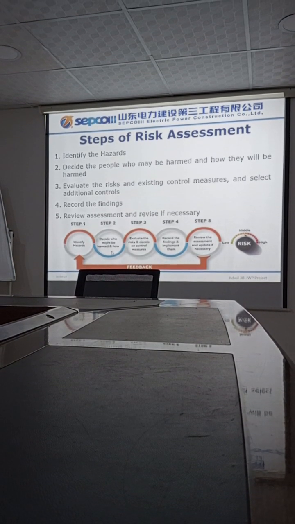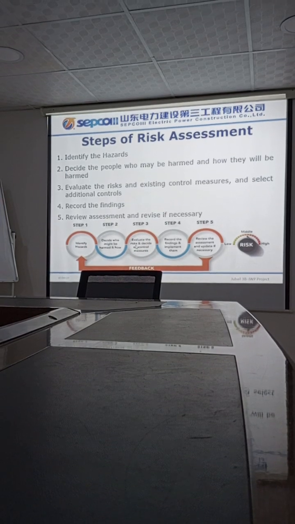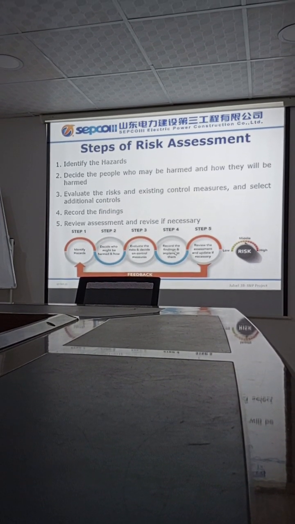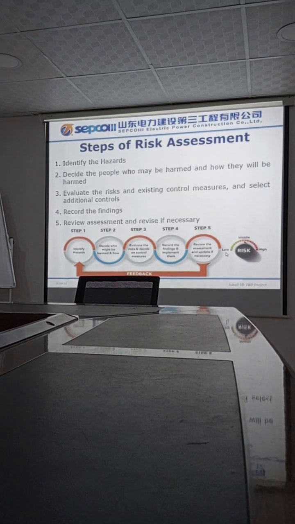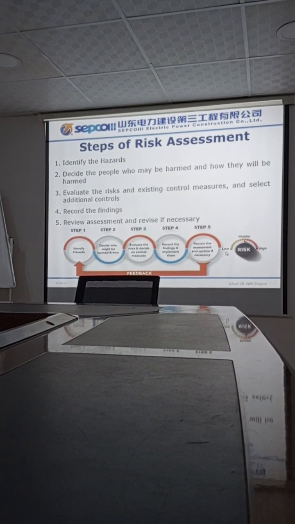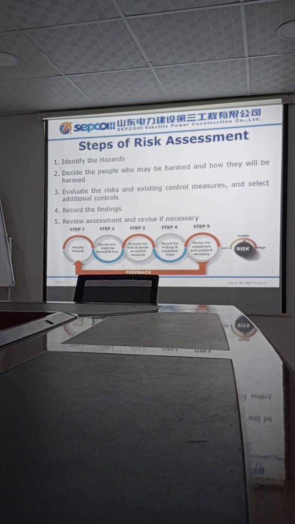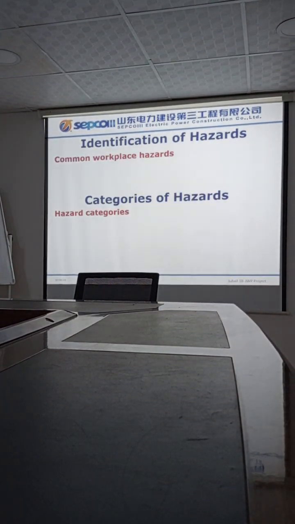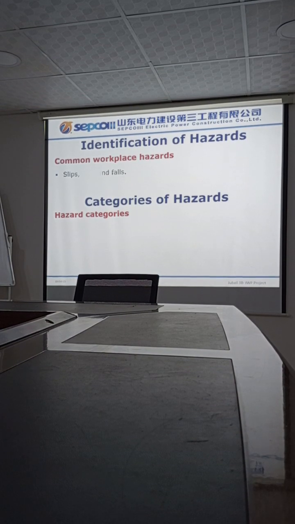Decide who will be harmed. Evaluate the risk. Decide on control measures, likelihood and severity, record the findings, review, and then see if it is low, medium or high. If it is medium, then we need to take action also, and for high risk, the more attention we need.